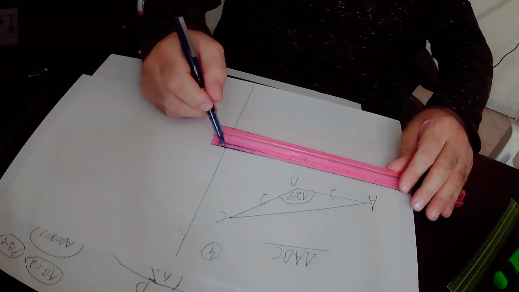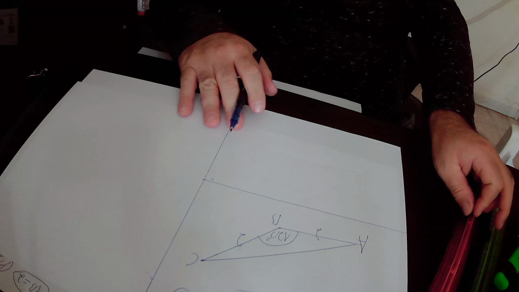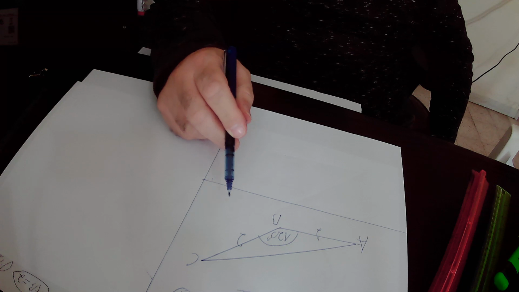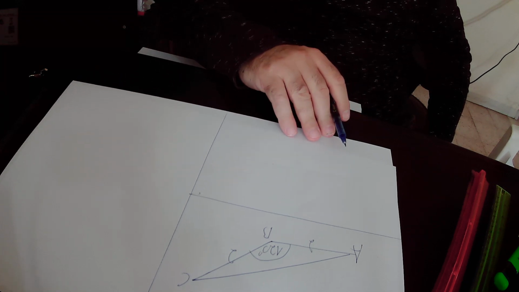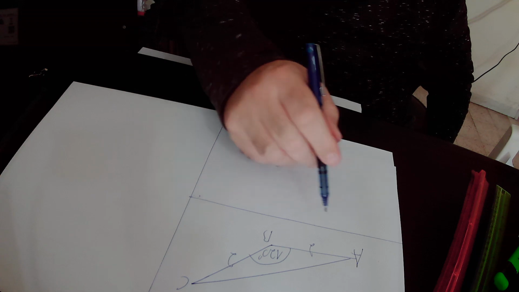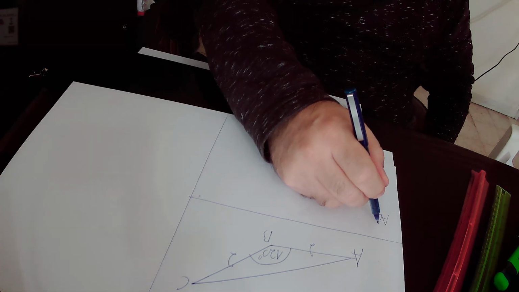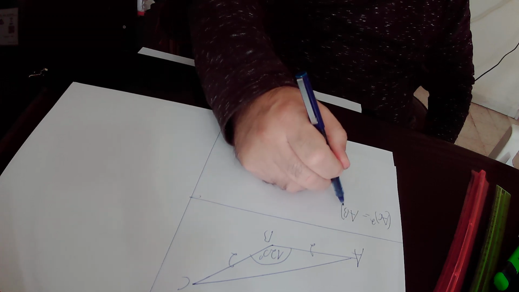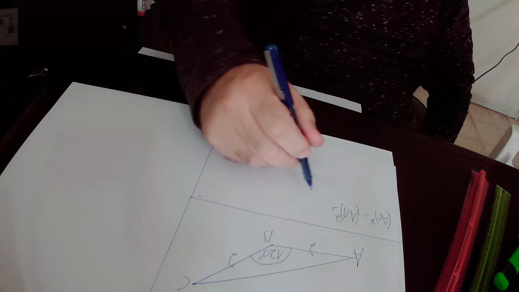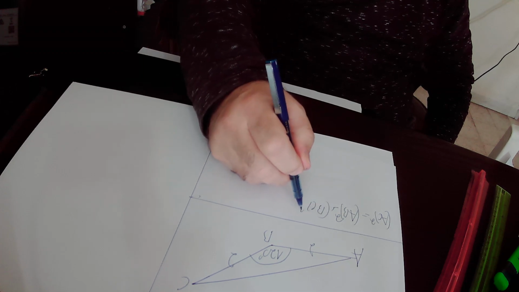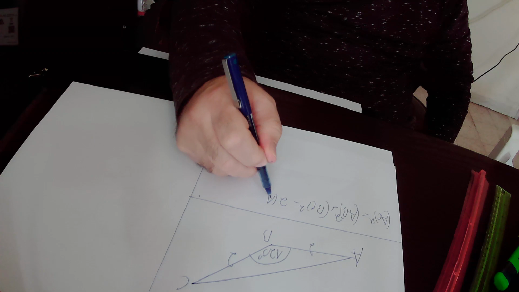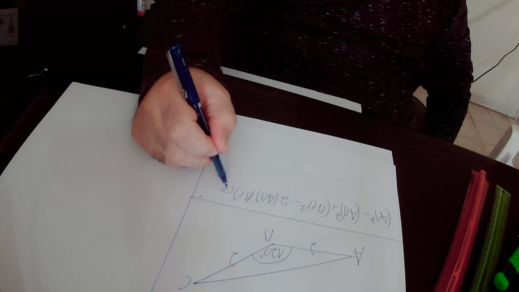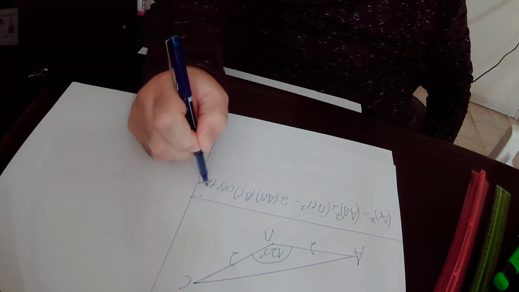So actually this is triangle ABC that I copied from the original drawing. Angle ABC equals 120 degrees and AB equals BC equals 2 units. According to the law of cosines, we get that AC squared equals AB squared plus BC squared minus 2 times AB times BC times cosine 120 degrees.